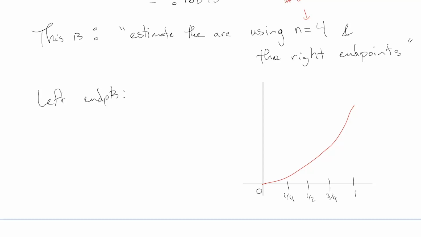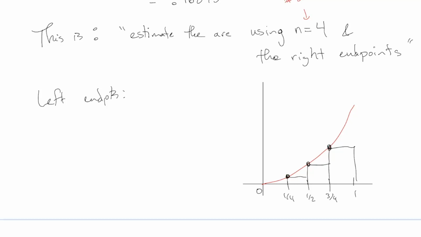This time I'm going to make my rectangles go up to the left side. So like the rightmost one over here, you extend up until it hits the curve on the left side, like that. All right? You can see this time I'm going to get an underestimation of the true area because these rectangles don't hang over, they actually kind of hang under. Anyway, the next one looks like this. The next one looks like this.